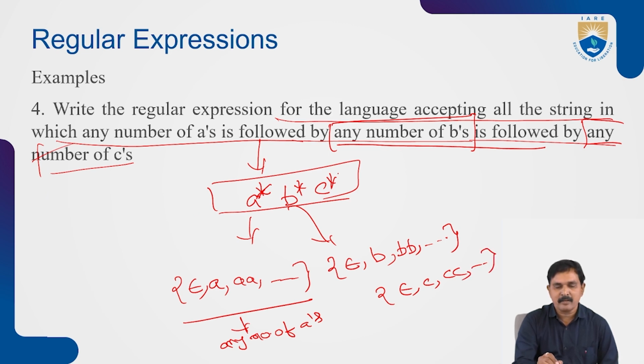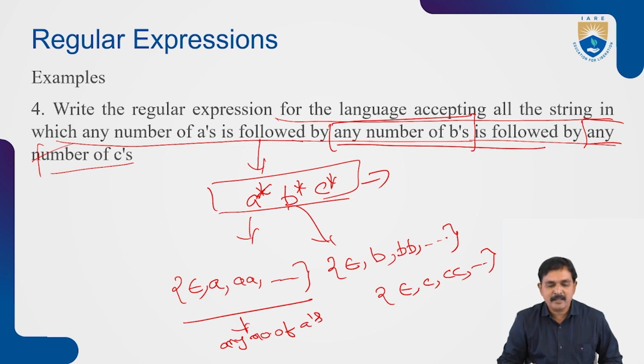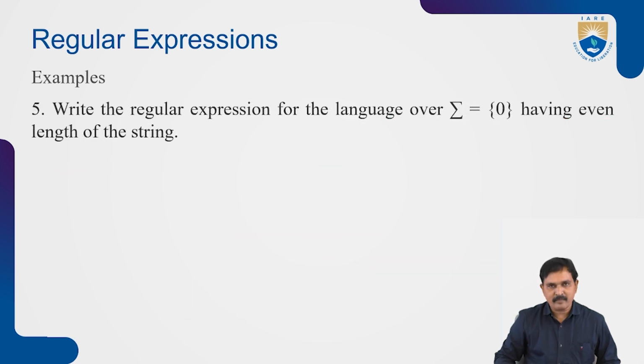This is the expansion idea, but you must write this expression. So this is the answer of any number of a's followed by any number of b's followed by any number of c's.